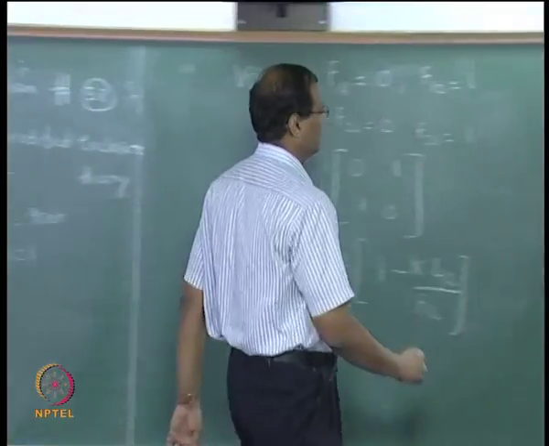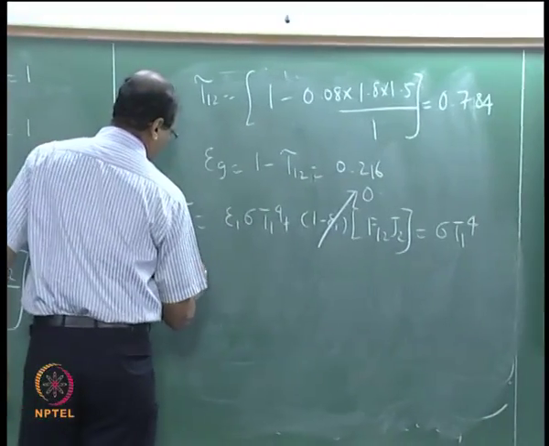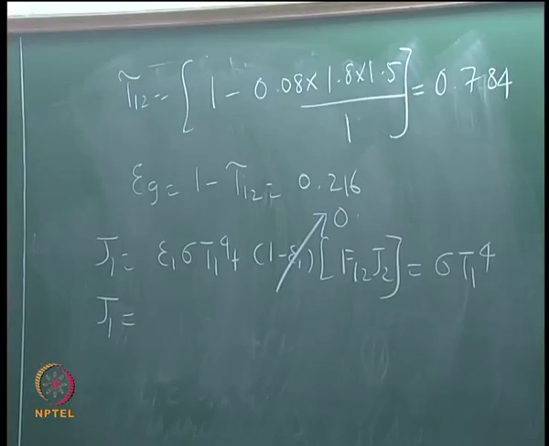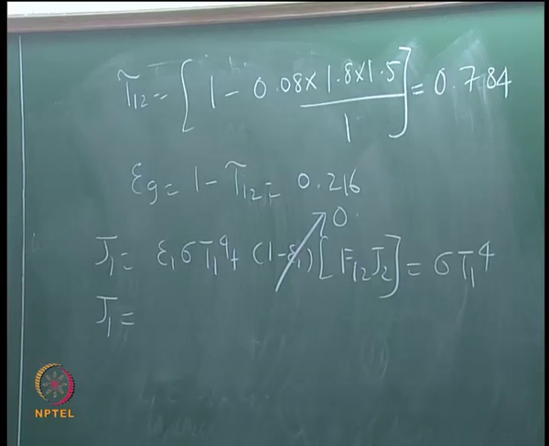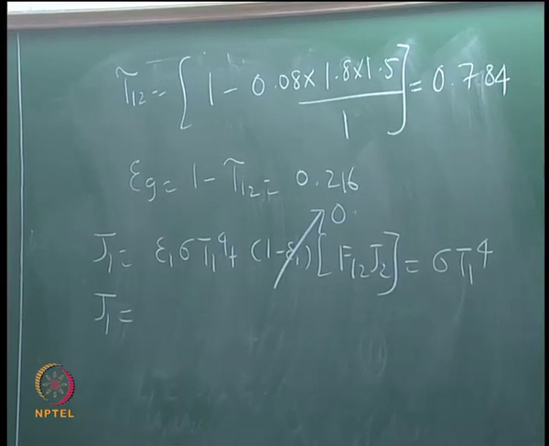What is J1? 2.87 10 to the power of 5, correct.